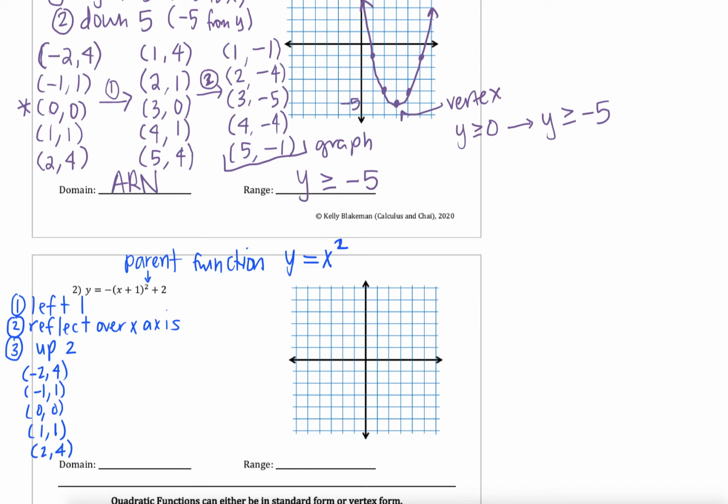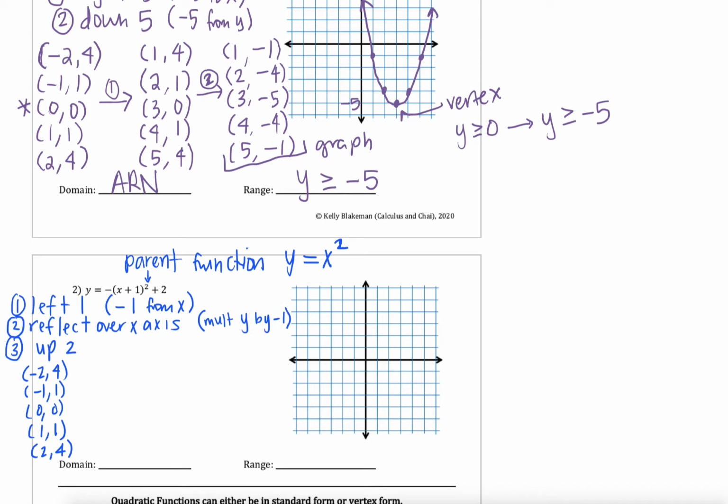So let's think about what each one of these transformations does. Left 1 is a horizontal shift that's going to affect our x coordinate, and we're going to be subtracting 1 from all the x's. What about a reflection over the x-axis? How does that affect the coordinates? When we reflect over the x-axis, we're multiplying all the y's by a -1.